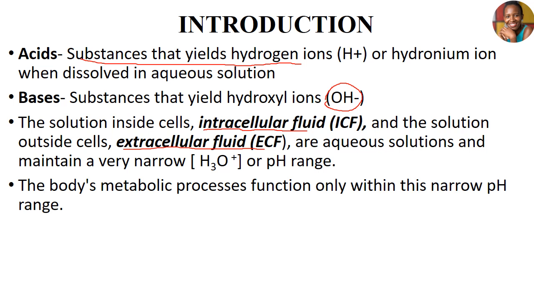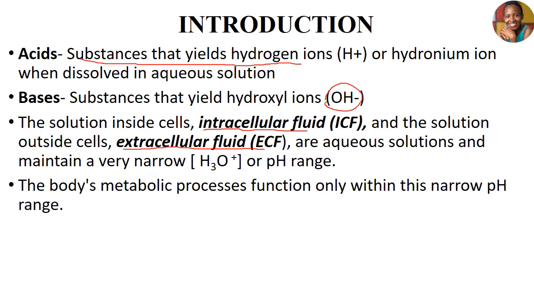So in our body fluids, that is the combination of intracellular fluids and extracellular fluids, we have acids and bases, or we have different concentration when it comes to the components.